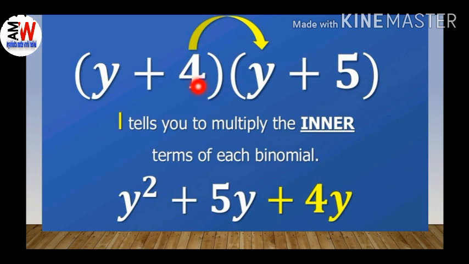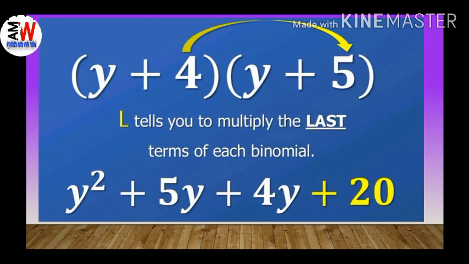Inner terms means 4 into y, that is 4y. So we have y square plus 5y plus 4y. In FOIL, L means the last terms of each binomial. The last terms are 4 into 5, 4 5s are 20.